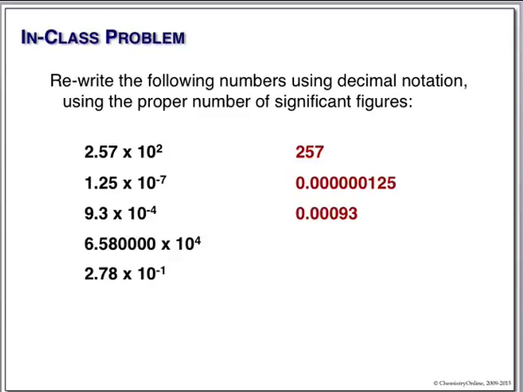This is 10 to the 4th, so we're going to move it 1, 2, 3, 4. Our decimal point will be here. These 2 are real measurements. And so they must show up here as 0.00. And finally, 278 times 10 to the minus 1, three significant figures, that's simply 0.278.